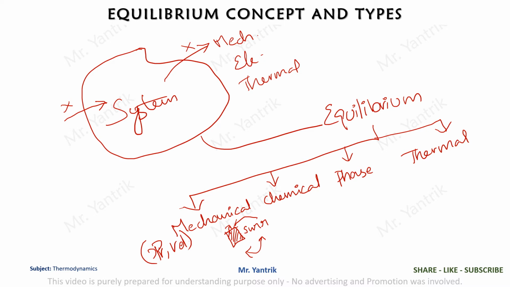For example, the second concept, chemical equilibrium. Chemical equilibrium is nothing but, for example, if I have taken a room, inside the room, if the chemical composition of the molecules, for example, any odor is there, one person is standing here and he has sprayed scent into the air from here.